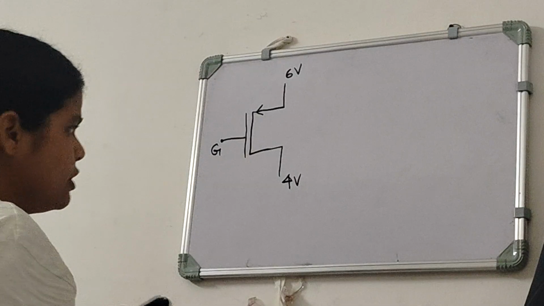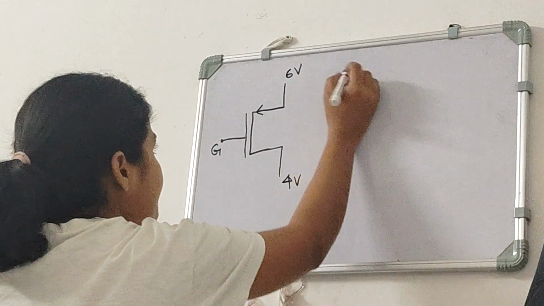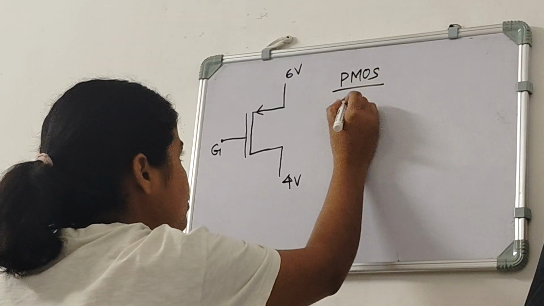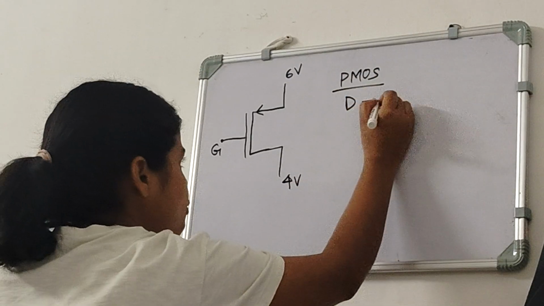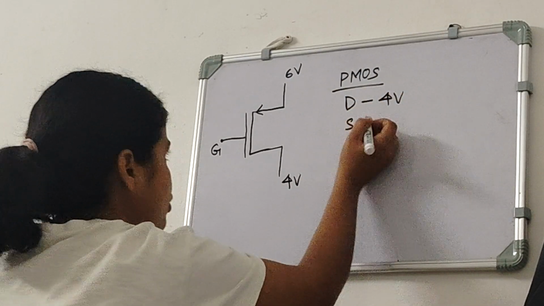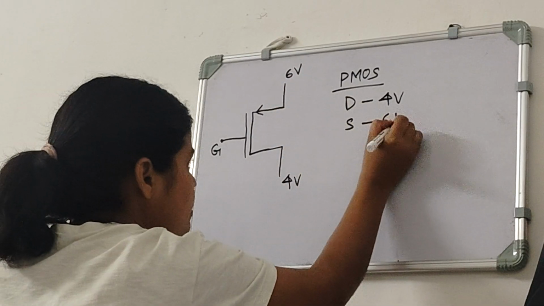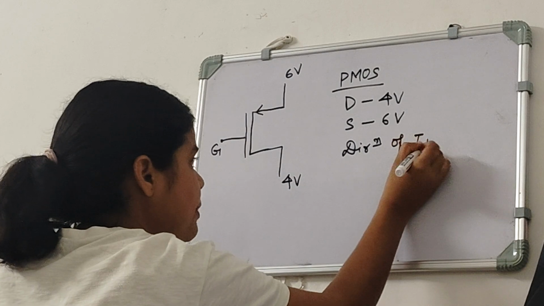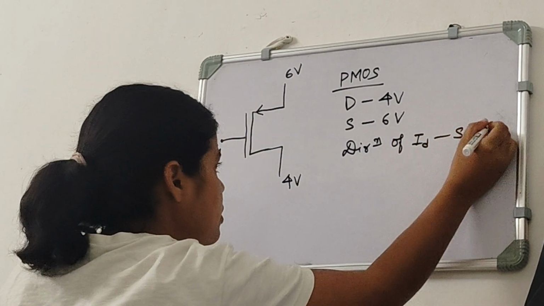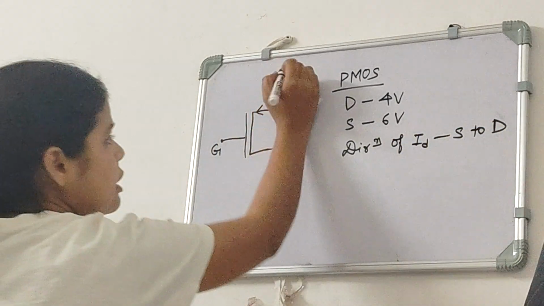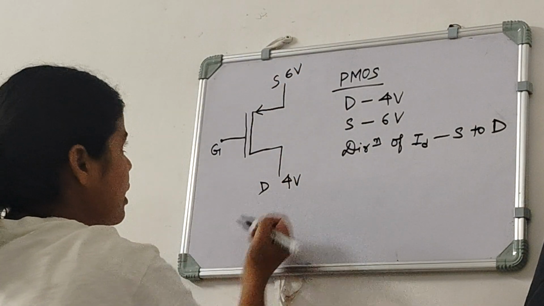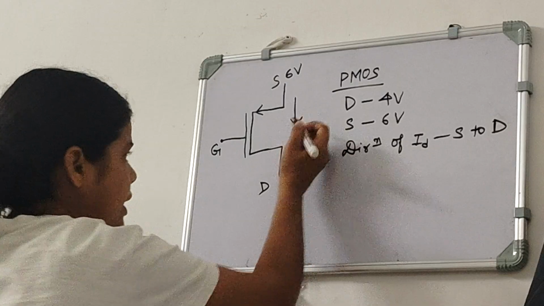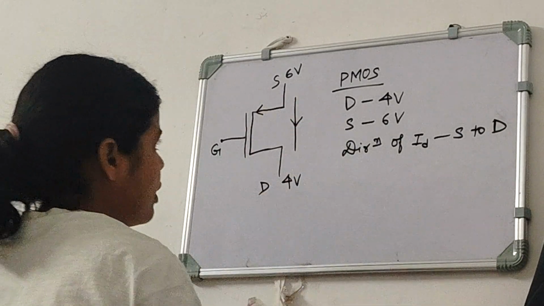If we have to identify which is source and which is drain, we can say that in PMOS the drain is at lower potential, so 4 volt will be the drain, and source is at higher potential, so source will be 6 volt, and direction of ID in PMOS is from source to drain. So here we can write source, here we can write drain, and direction of ID source to drain, so our direction of current will be like this. This is the direction of current.